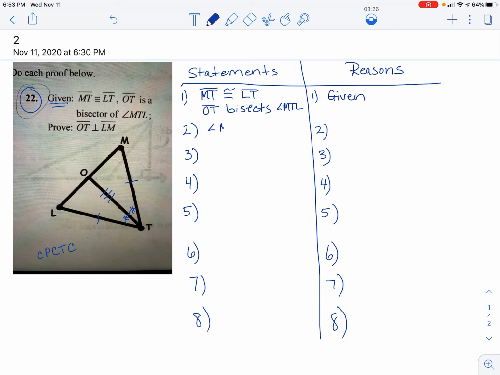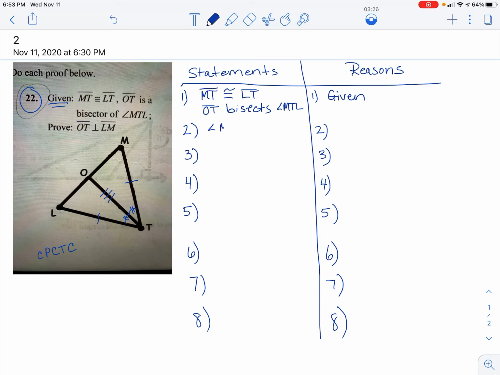Okay. Number three, we indicated that OT is congruent simply to itself. Why? Because of the reflexive property. Okay, and we have all that marked up. Off to the side here, I'm going to choose a different color for just a second.